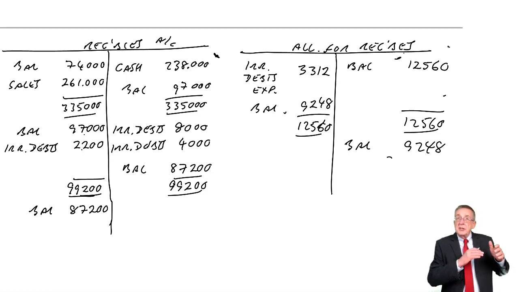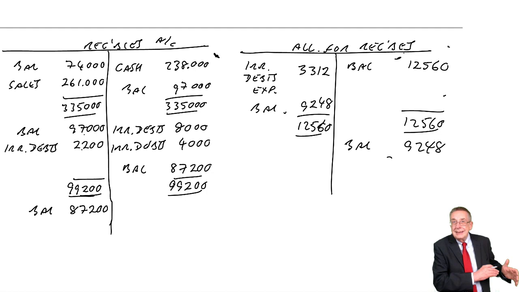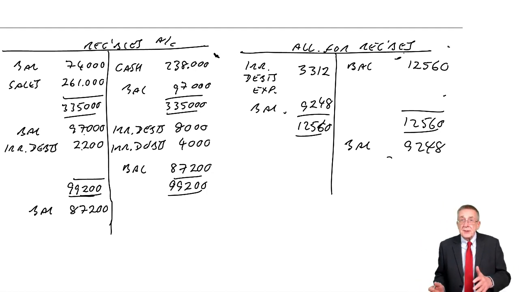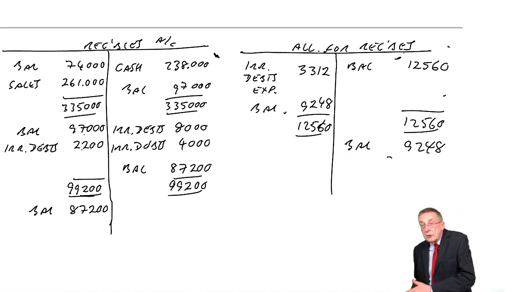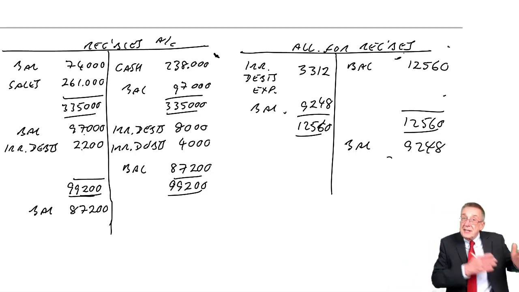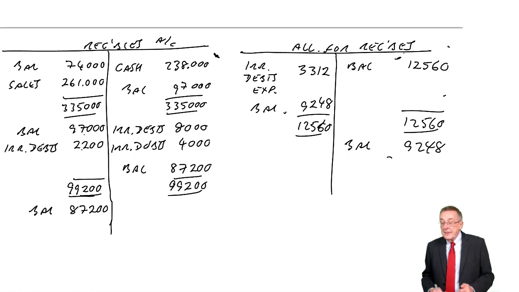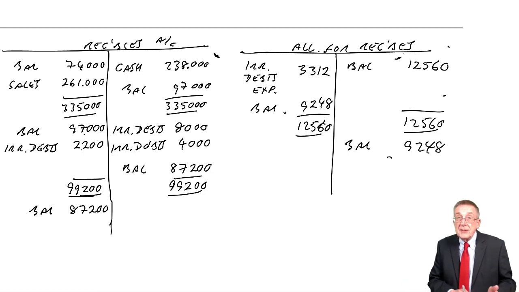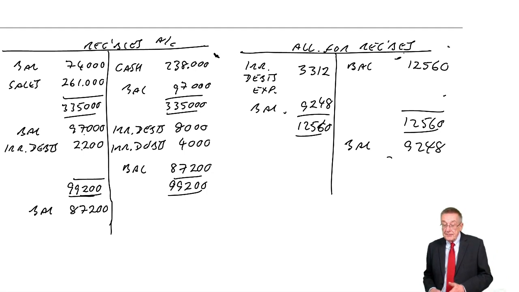You work out what allowance you need this year, and you adjust the existing allowance by the difference. If you increase it, credit allowance, debit the expense. If as here you're reducing it, debit the allowance, credit the expense.